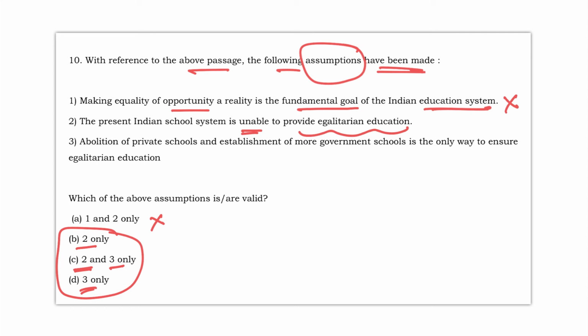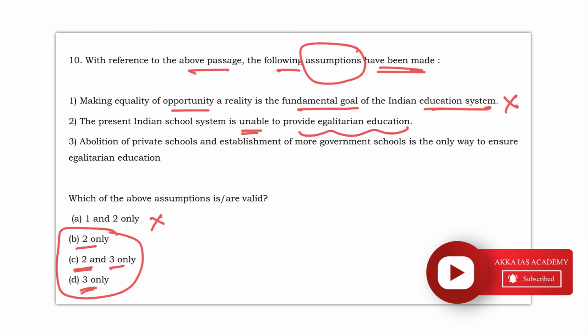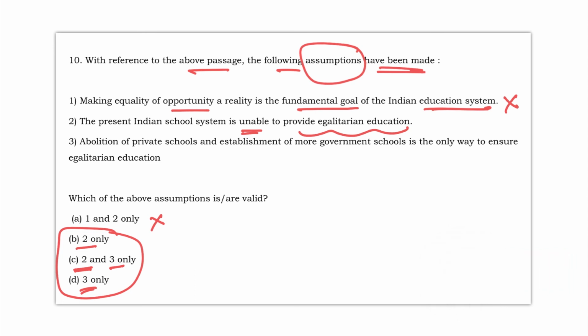So here when we read the paragraph, the idea of an egalitarian education system with equality of opportunity as its primary goal appears to be outside the space that private school principals inhabit. Therefore, the imposition of quotas has led to resistance, sometimes justified here. Okay, so this assumption can be valid here.